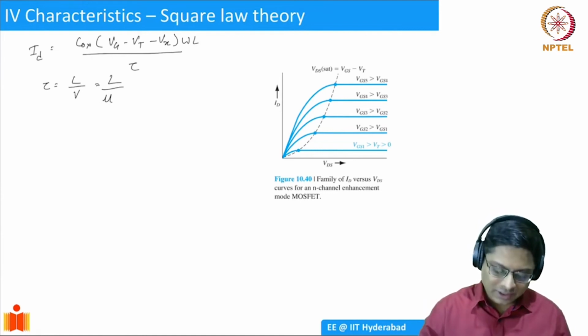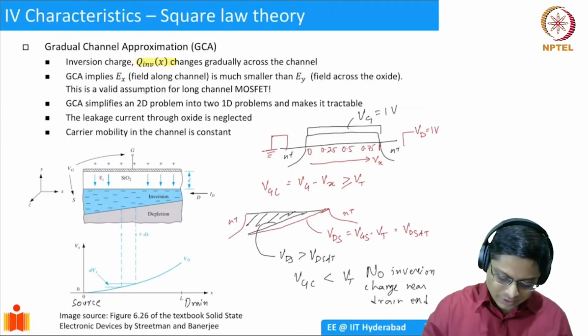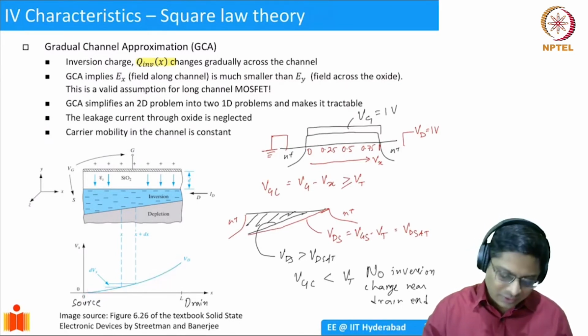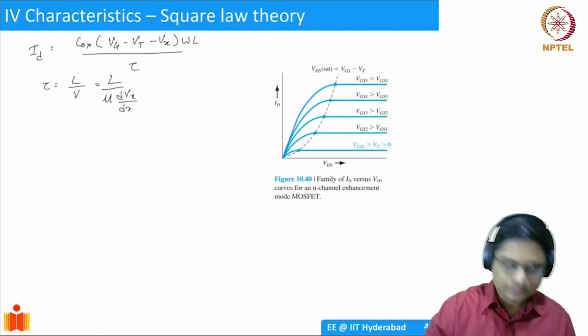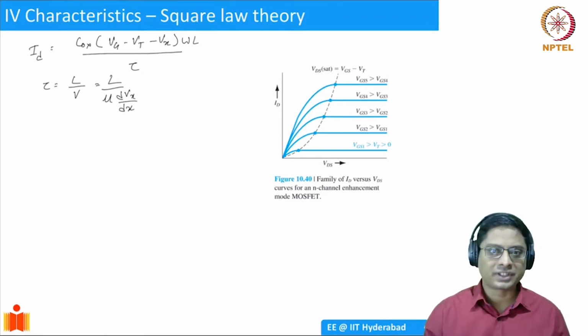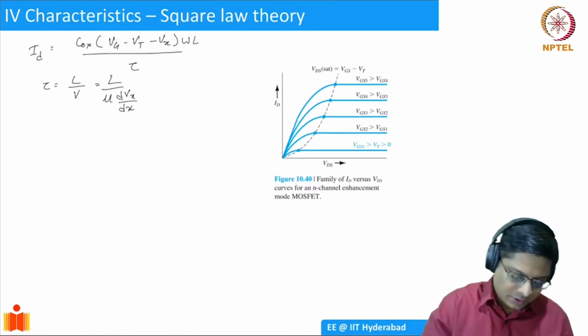But now the electric field is going to change, because there is a nonlinear distribution of voltage. So the electric field now will turn out to be dVx divided by dx. It's not VDS by L like in the previous case.